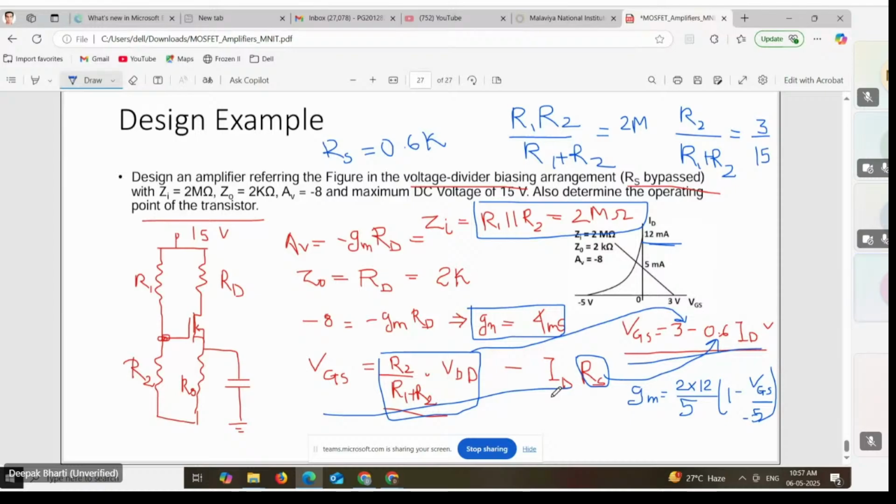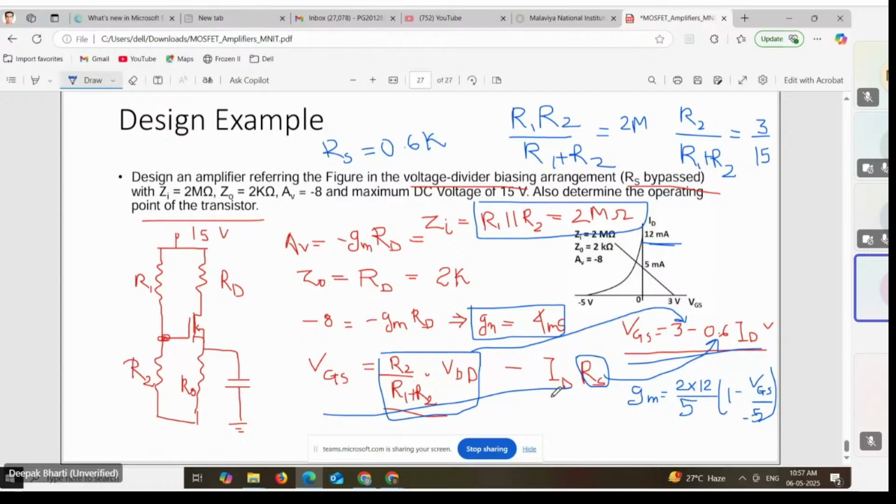So this is all what I had to discuss. We have discussed the biasing arrangements, different types of biasing arrangement for depletion and enhancement MOSFETs. We have also discussed which region of operation to be selected for the amplification purpose, and the role of transconductance, how the transconductance is defined and how it can be calculated.